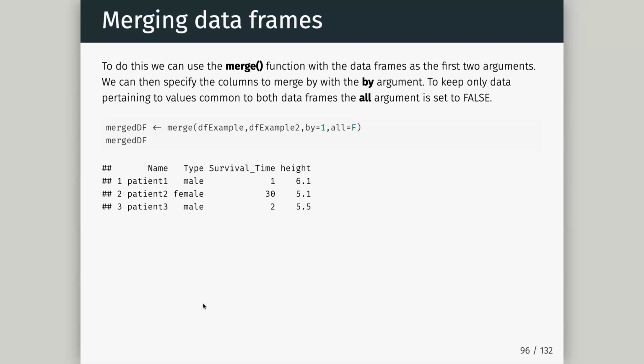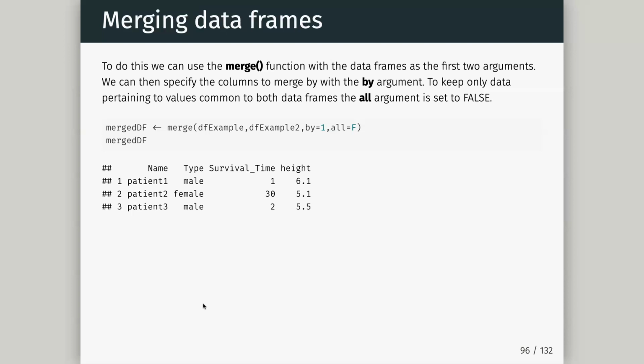So what it's done is it's just given me the common names across the two, and then it's merged them such that this part is from our first data frame, then this part, height, from our second. I have to combine these two tables together just by using this column which we specify either by number, position, or in quotes by the actual column name.